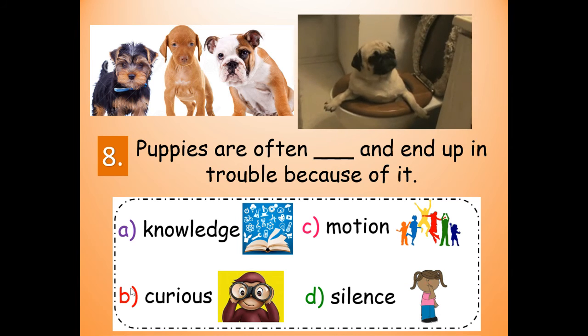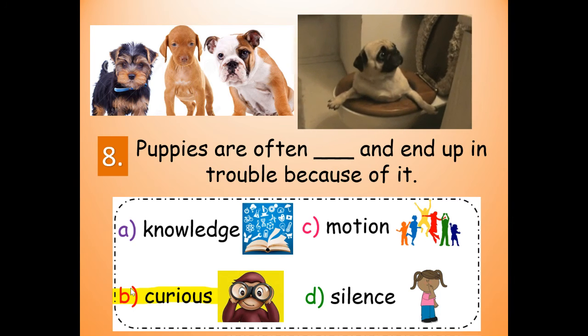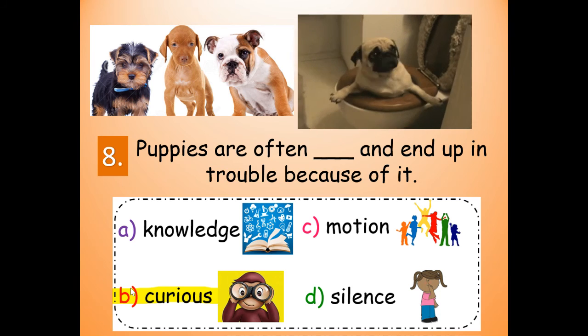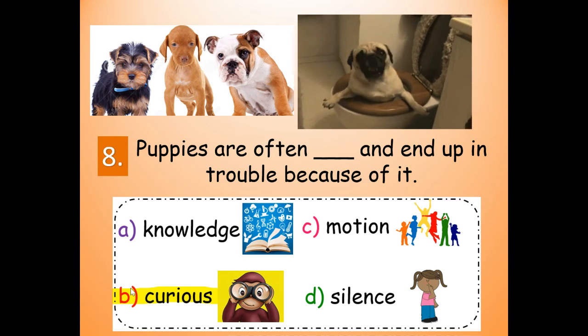Well, that dog fell in the toilet because he was curious and probably thirsty because he wanted to drink the water. So, puppies are often curious and end up in trouble because of it. Curious.